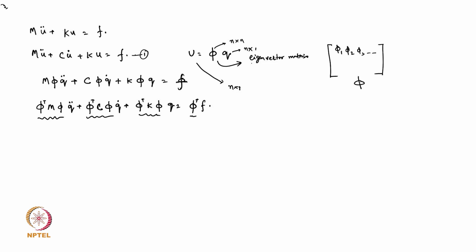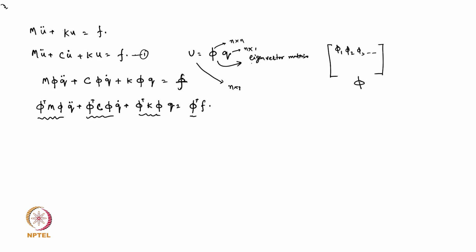You don't want to lose the diagonality of the M matrix, and you want to bring diagonality in the K matrix as well. So obviously K matrix will no longer remain K matrix. It will definitely change, and also the M matrix will change.